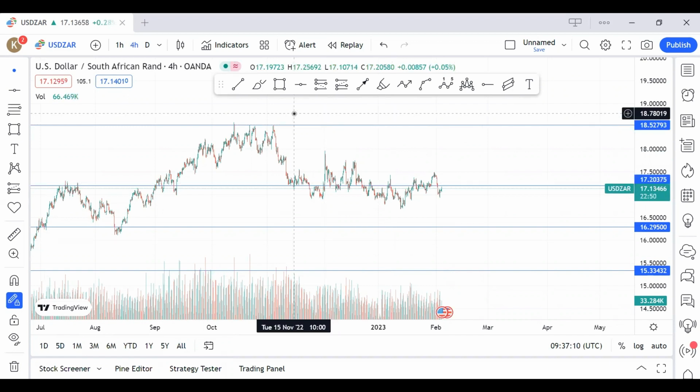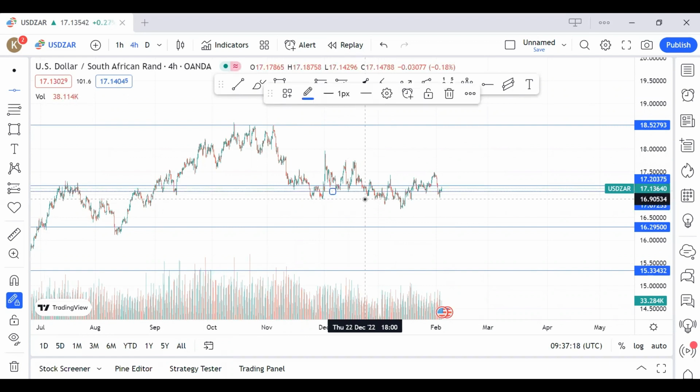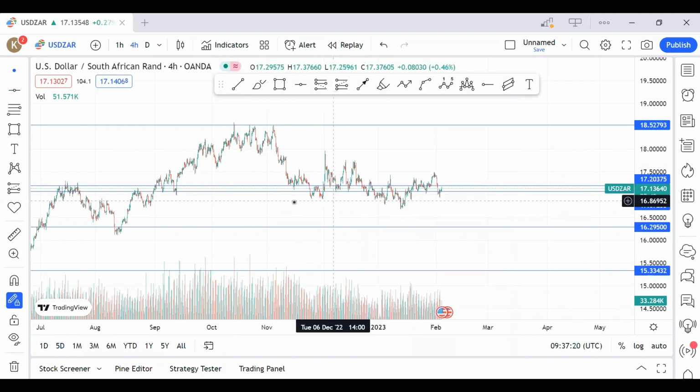Okay, so using this strategy, on a 4-hour time frame, I'll just put my zone here. Reason being that I can see that this level on the current market structure is a sensitive area, as we have a first touch, second touch, third touch, and touches here.